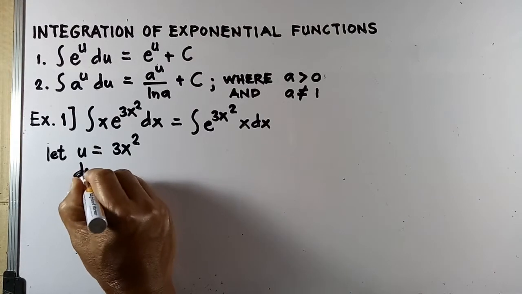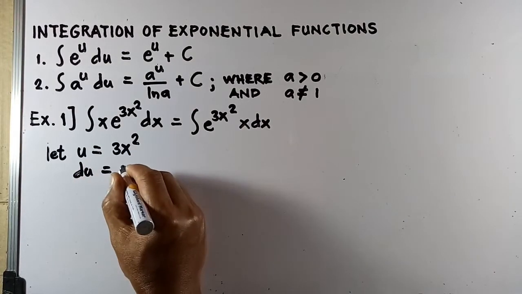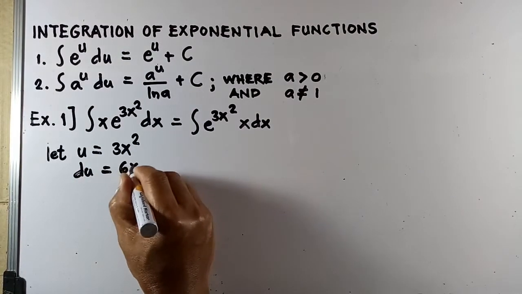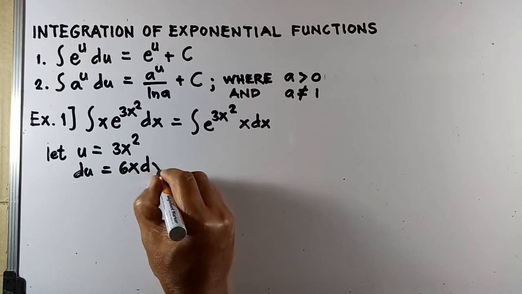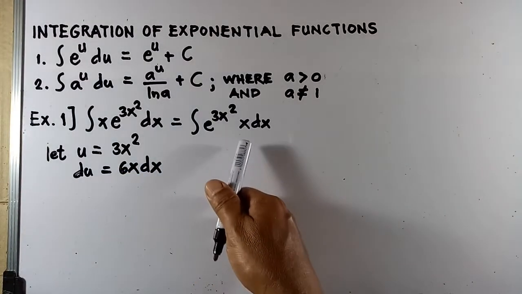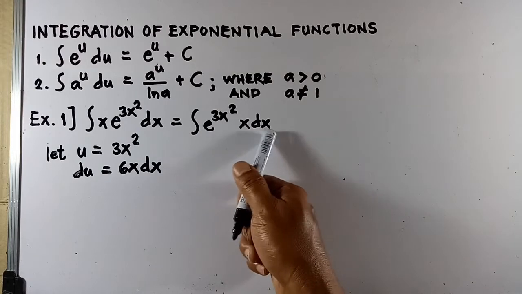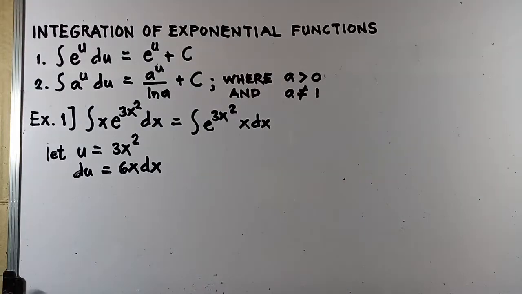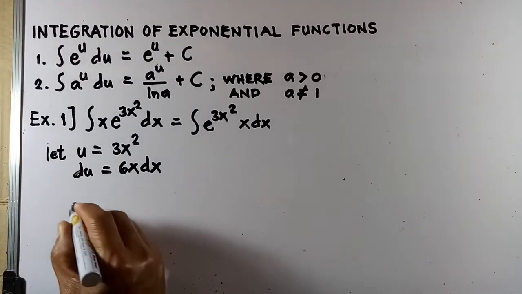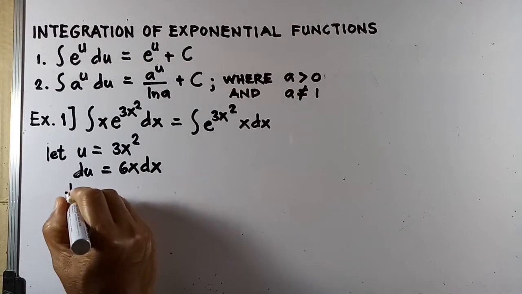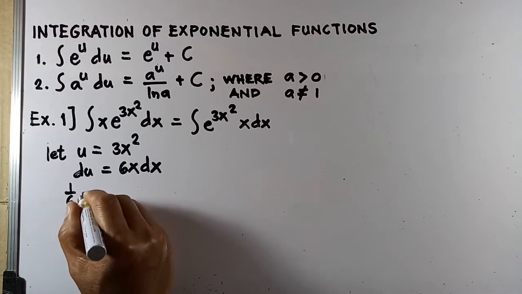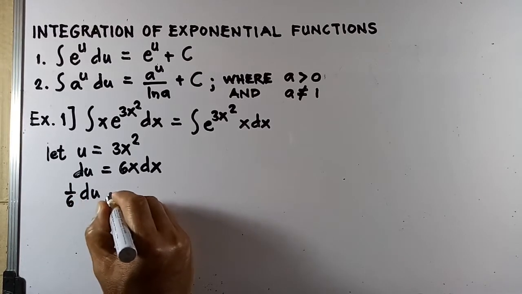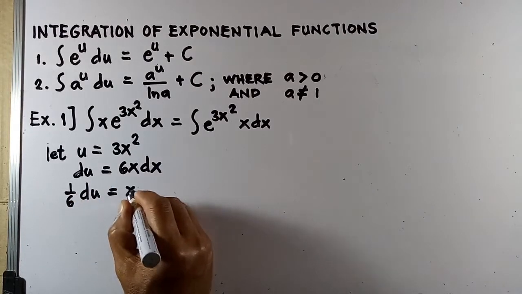So, magkakaroon tayo ng du equals 6x dx. Kaya rin, mayroon tayong factor na x dx dito sa ating problem. So, solve natin siya in terms of du. So, magkakaroon tayo ng 1 over 6 du equals x dx.